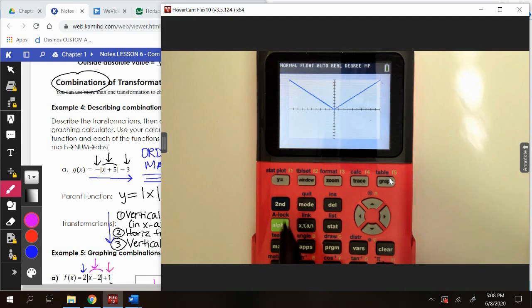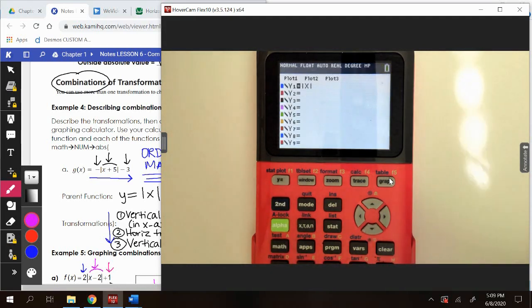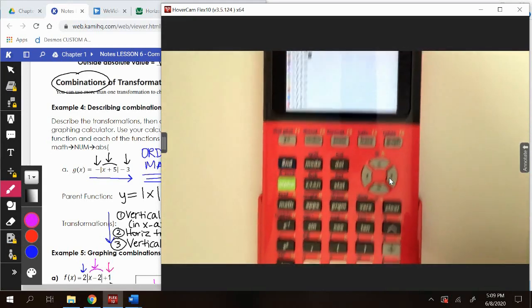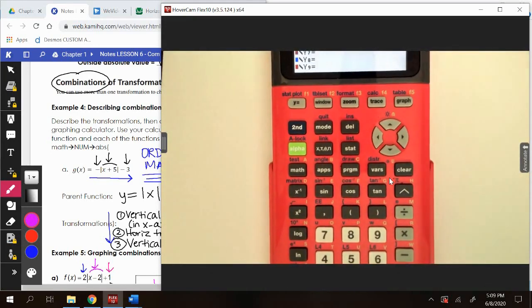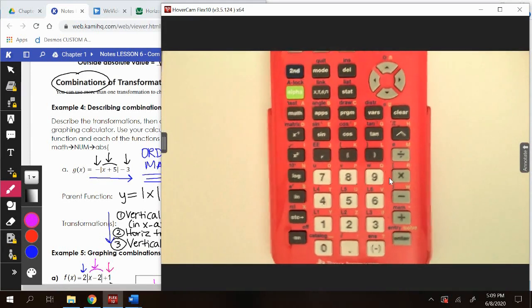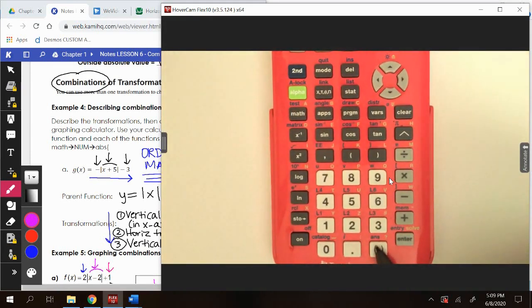Okay, we're going to compare this parent function to part A. So in part A, we saw negative absolute value of x plus 5 minus 3. So the first thing we have to type is a negative. Just be careful of which one you use. If you look down here at the bottom, there's a smaller negative sign and then a larger negative sign. We use this in front of constants to make them negative, whereas this is the subtraction symbol. So we're not really using a subtraction symbol here.